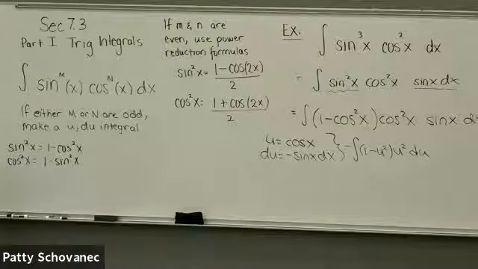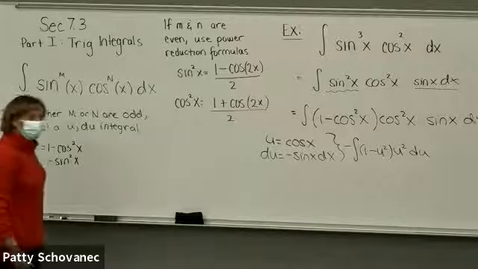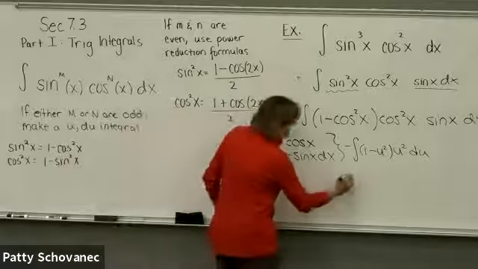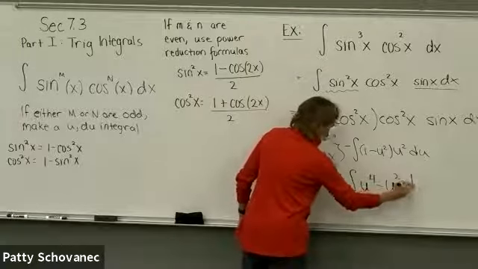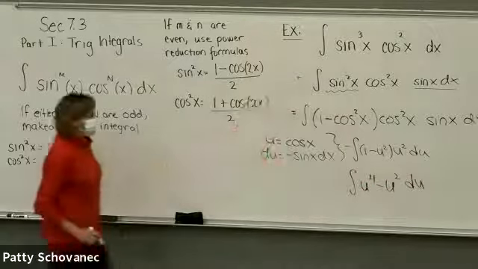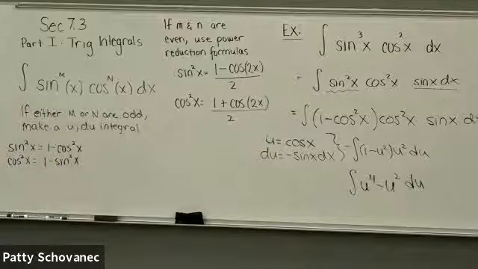Then multiply it out, and then you can integrate term by term. So we multiply it out and get u squared minus u to the fourth with the minus sign way out front. Or you can change the order of it and put that minus sign inside as a u to the fourth minus u squared. Except for that minus sign out front, I pulled in.